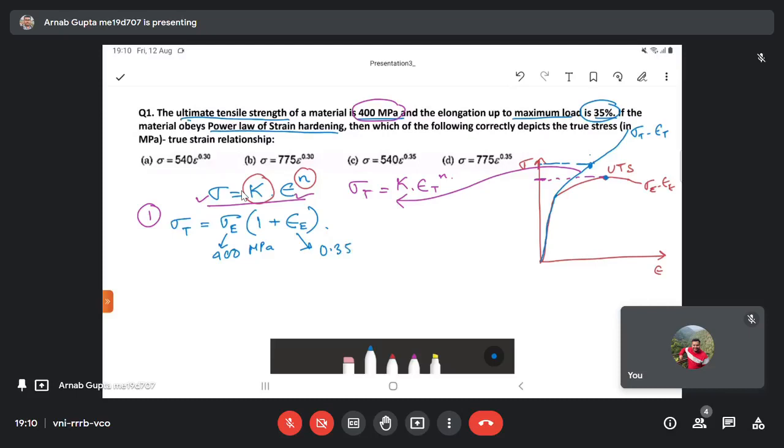What will be the value of sigma t? Just calculate and let me know. It's 540.